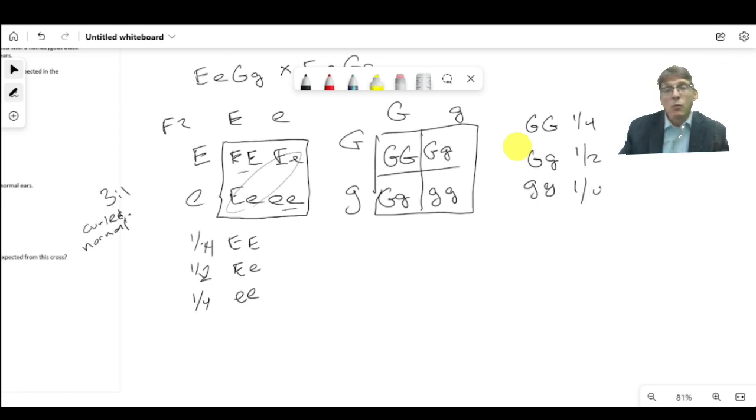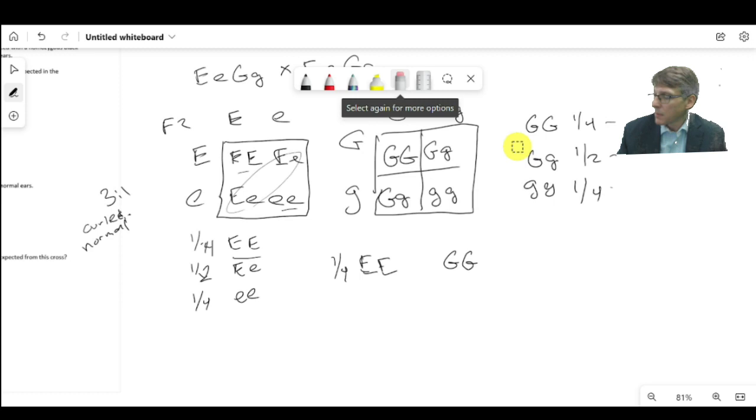Now, this gets to be a very long, drawn-out process because we could say, okay, this big E could meet up with any one of these combinations. So to do the fork line method, we'd set up big E as 1/4, which could meet up with a big G, a big G, little g, or a little g.